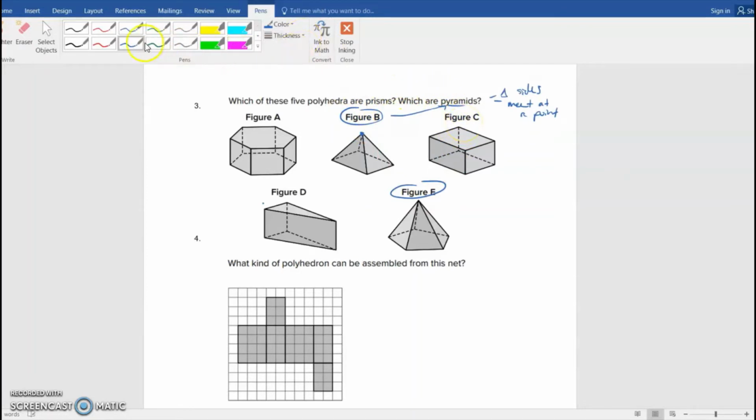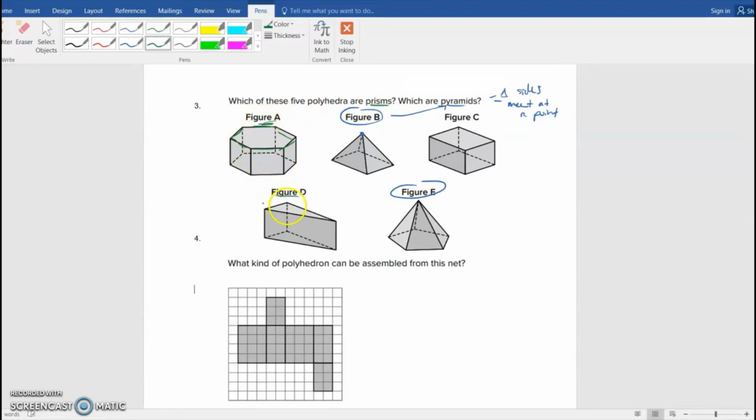Let's check and make sure that the other ones are all prisms. Prisms have bases that match. So in figure A, my 2 matching bases look like they are 1, 2, 3, 4, 5, 6 sides, so hexagonal prisms, and the sides are rectangles. So figure A looks like a prism.